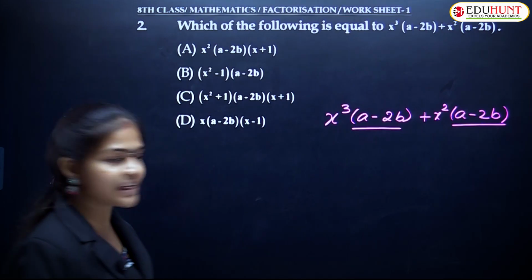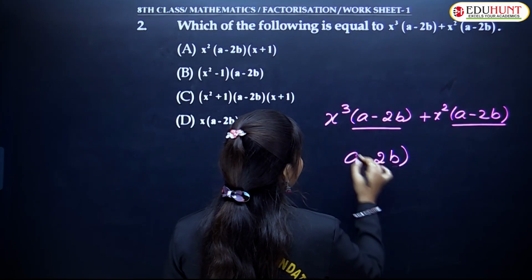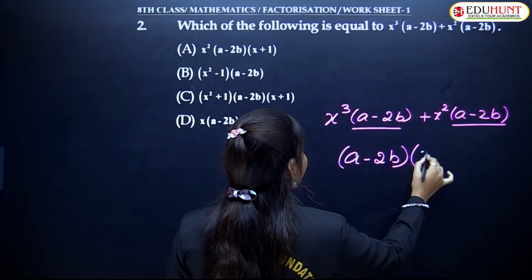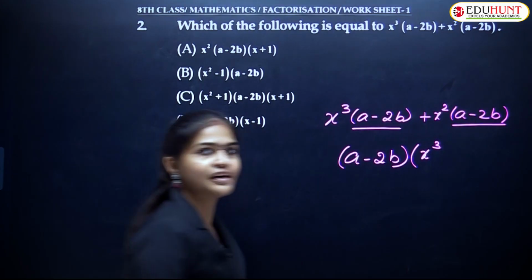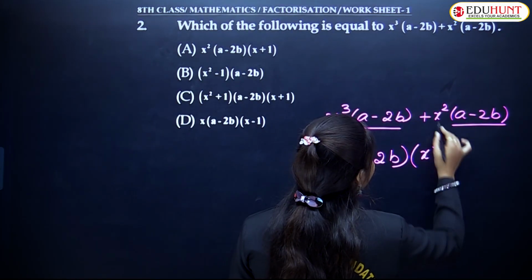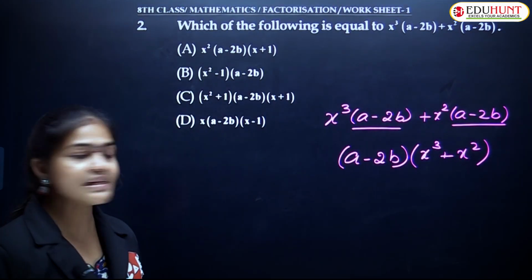So that is the common expression. So write this as a minus 2b into the leftover. From the first term x cube is leftover, and from the second expression x square is there. Clear ma? x cube plus x square.